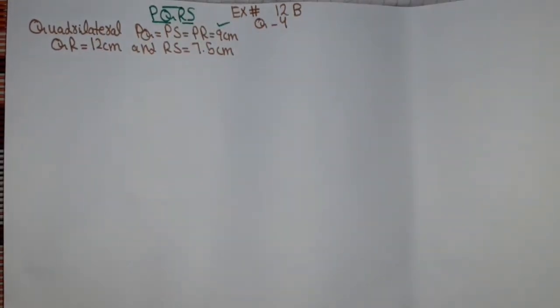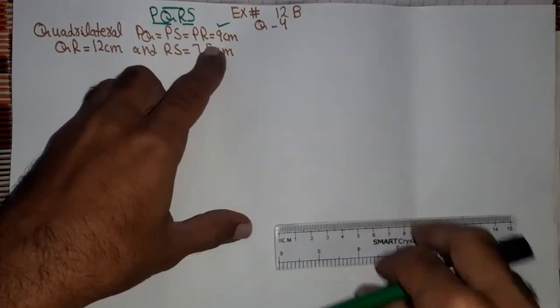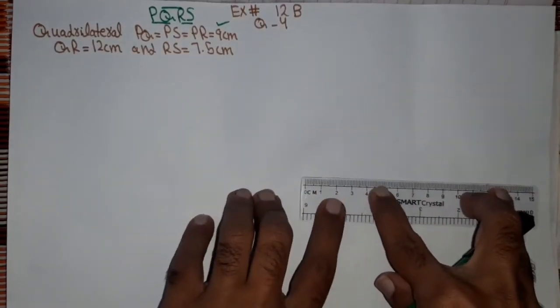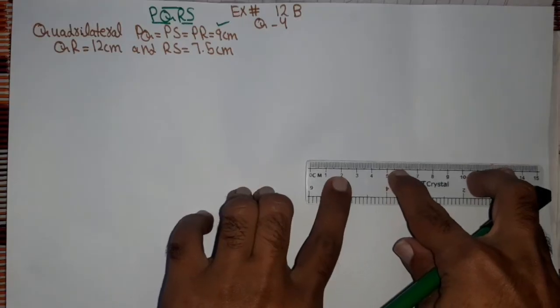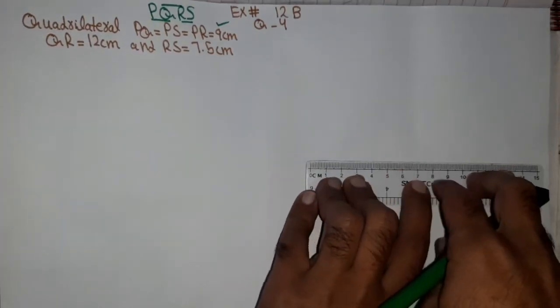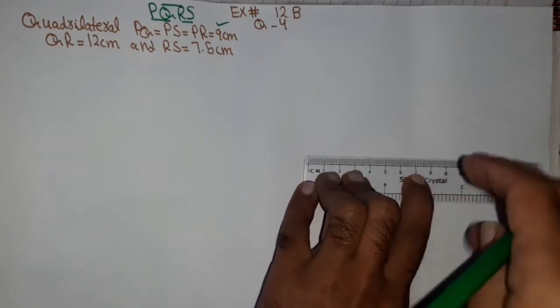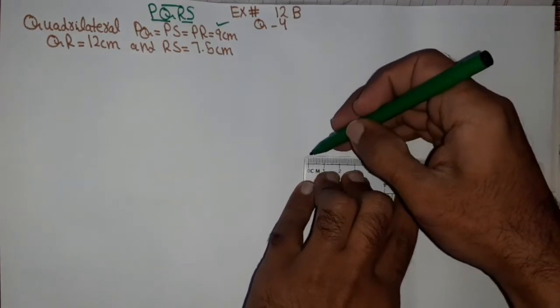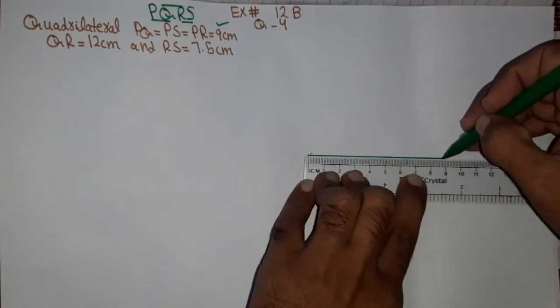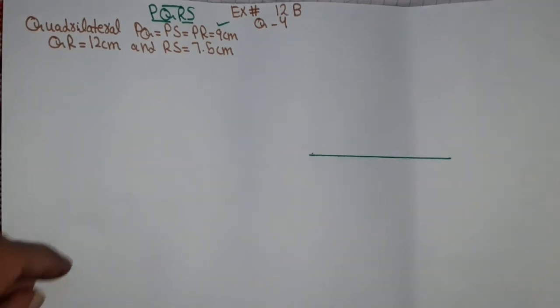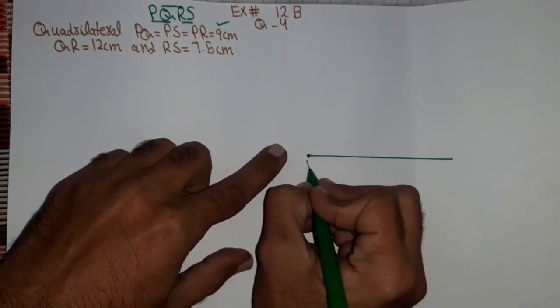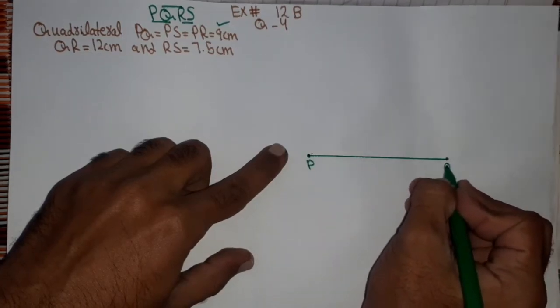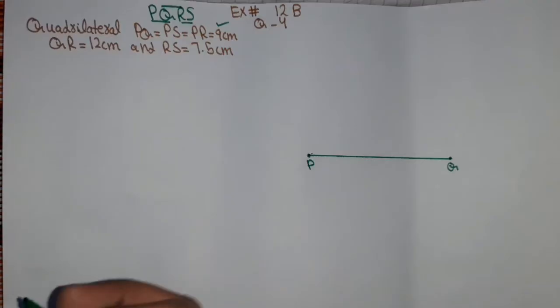So we will draw PR, which is 9 centimeter. Here we will write the steps for construction.